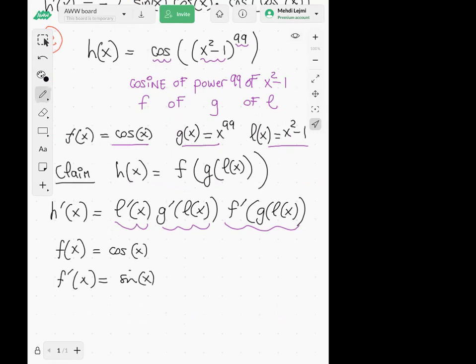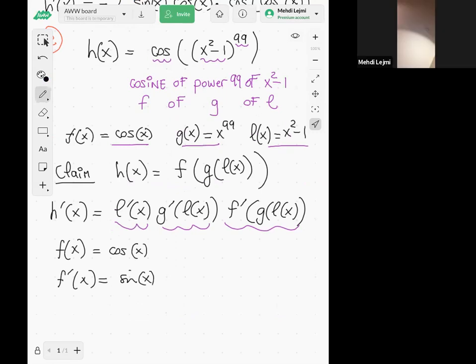So yes, we computed this in section 2.5. We proved that the derivative of cosine is minus sine using the limit definition of the derivative.